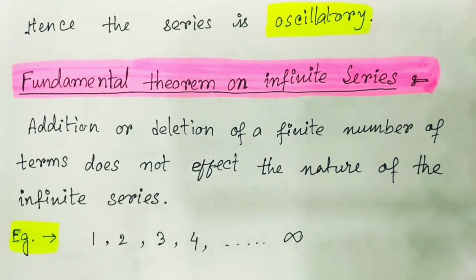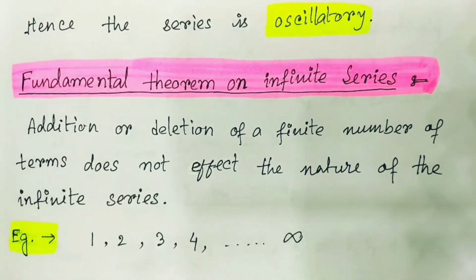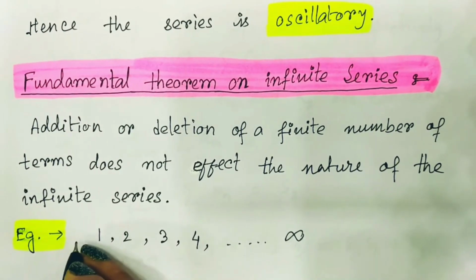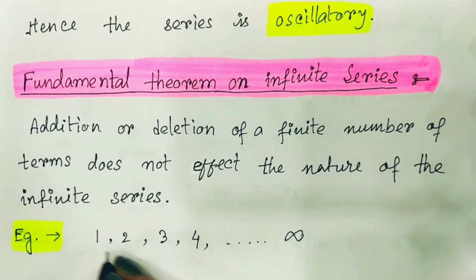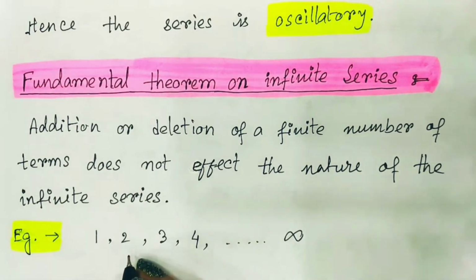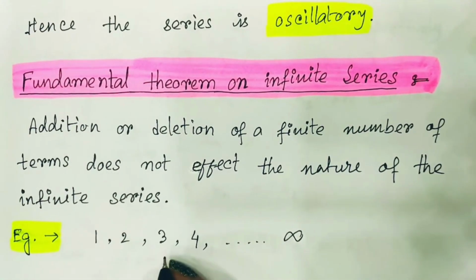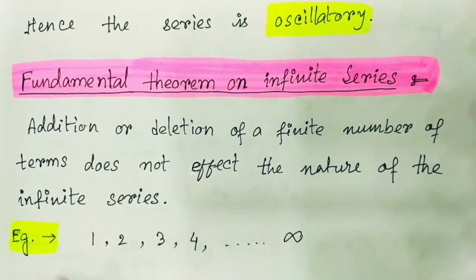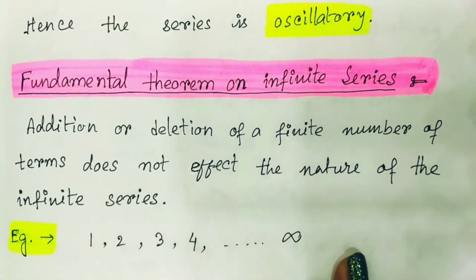After deletion of these two, we will find it is still a divergent series. Not only that, instead of deletion, if we insert some terms, suppose I insert 5 times 1 and 3 times 2, in this way if I insert a few terms, then also finally we will find that the series is divergent. So insertion or deletion of terms in an infinite series will not affect its nature.